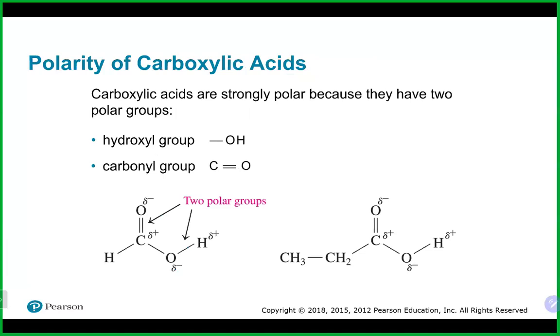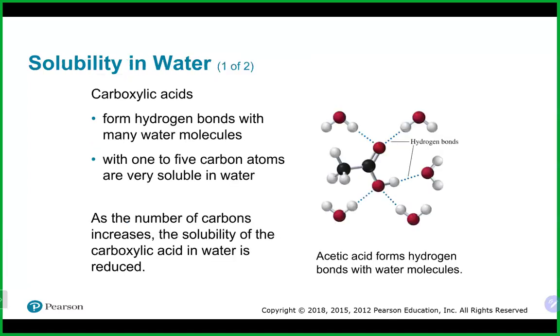That also allows them, as we will see here, to be fairly soluble in water because they're able to hydrogen bond with water very easily. So carboxylic acids form hydrogen bonds with water molecules, and they're able to do that at both locations. If we just look at the carboxylic acid group, we could have our water, and it's able to hydrogen bond right there.